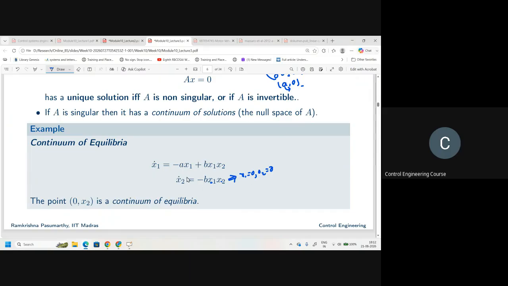Here x1 equal to 0 and x2 equal to 0. If x1 equal to 0, irrespective of x2, the system is 0, right? If x1 equal to 0, this is 0, and here this is also 0. That means the system has a continuum of equilibrium points.